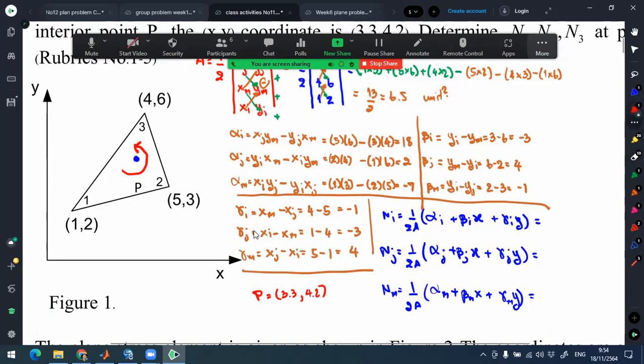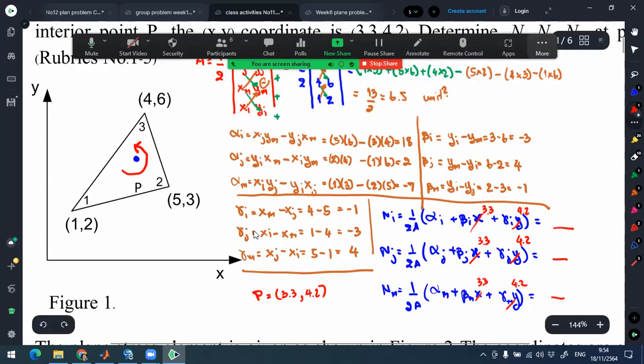So when we substitute, x is 3.3 and y is 4.2, and we obtain Ni, Nj, and Nm for point P inside of this element. You may work that out by yourself. So what is the solution for this problem? You're right in this case.